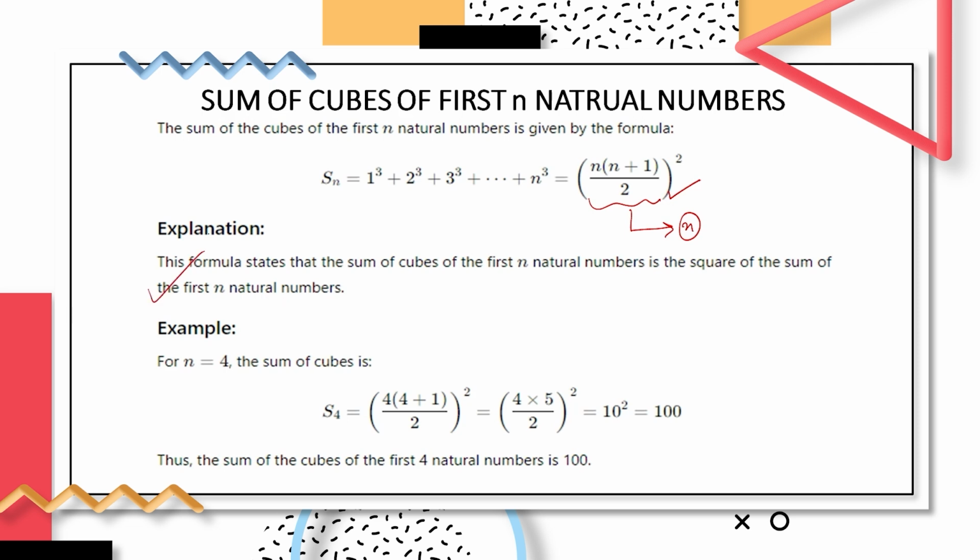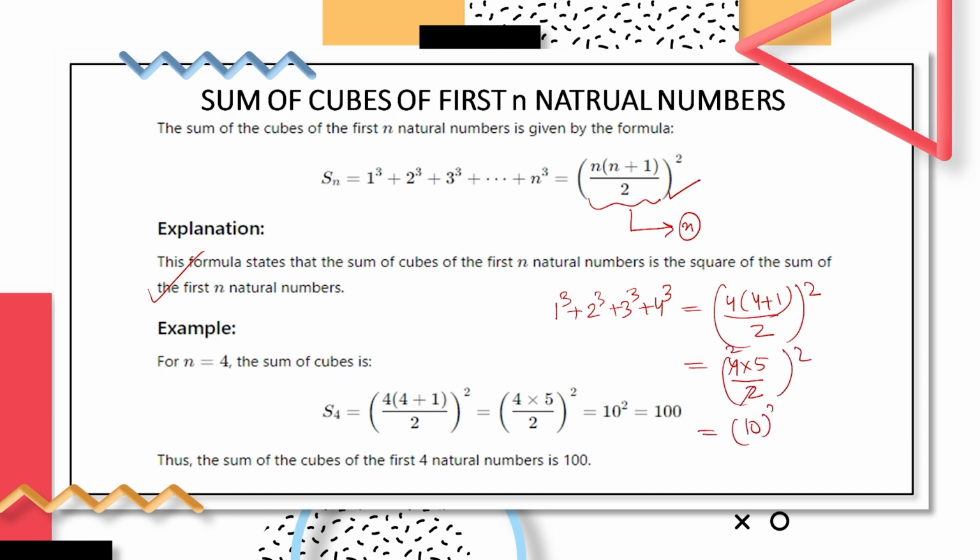So that means if we have say 1 cube plus 2 cube plus 3 cube plus 4 cube and we want to find the sum, then we can directly use this formula: 4 into 4 plus 1 by 2 whole square. That means 4 into 5 by 2 whole square, so 10 square, that means 100.